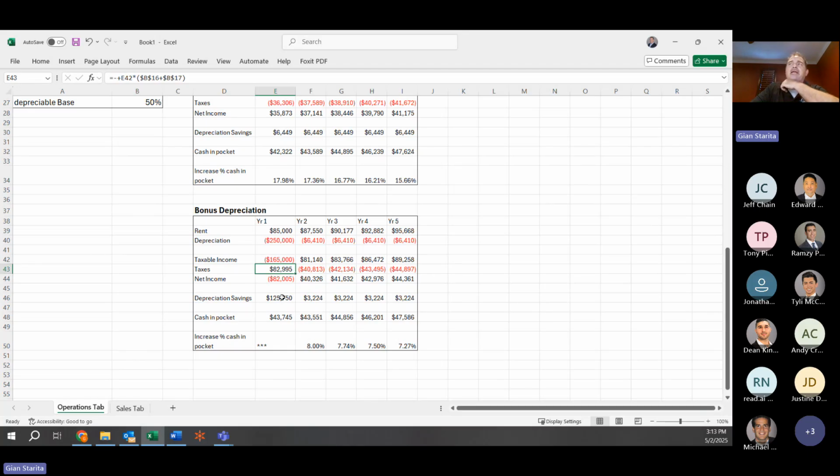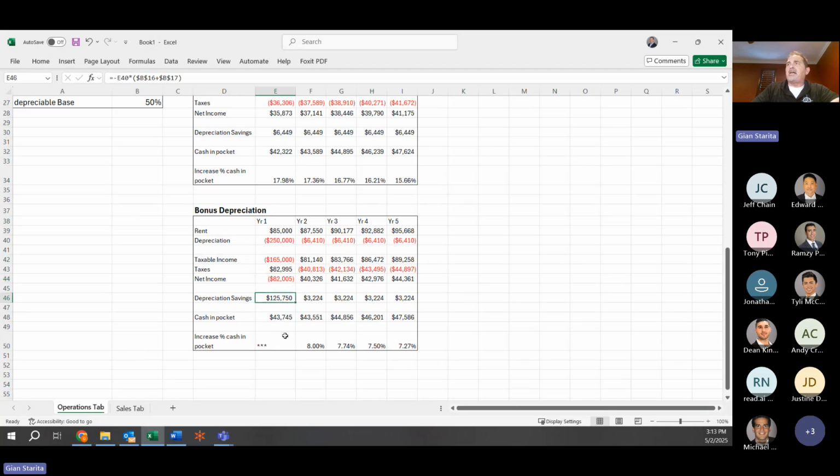I'm not getting it back on this deal, but I'm assuming I've got other income that I'm shielding, my normal 1099 income as a broker, my other investments, whatever. So I'm actually making money on this thing. I'm keeping the 85 grand and I'm getting another $82,000 in tax savings on other deals.